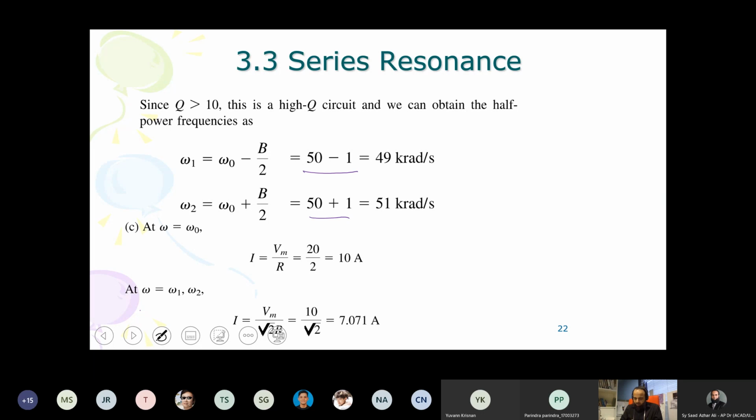At omega equal omega naught, remember Vm upon R. Vm is given, 20 cosine something, and R is 2, so 20 upon 2. Why didn't we keep L and C? Because the effect of those has been cancelled.